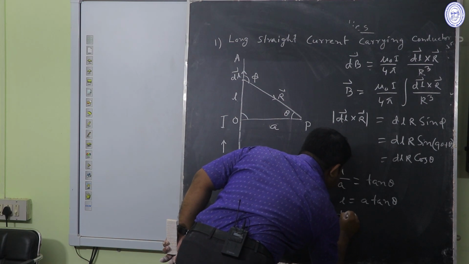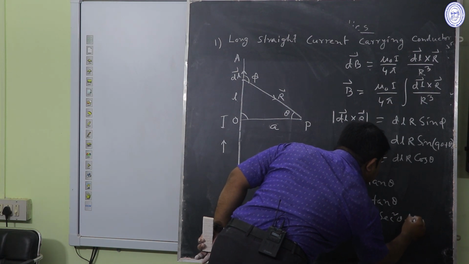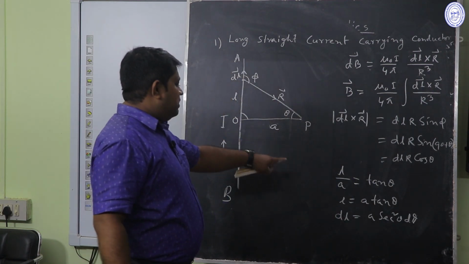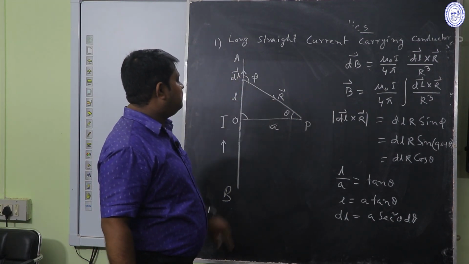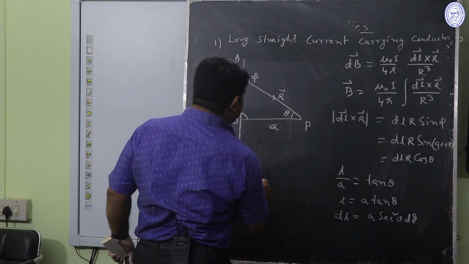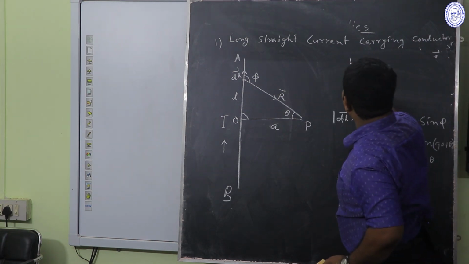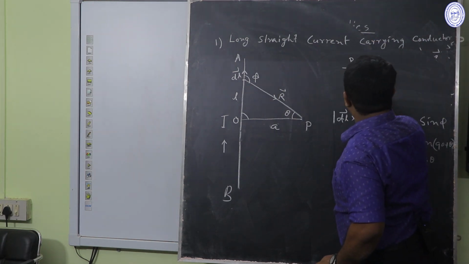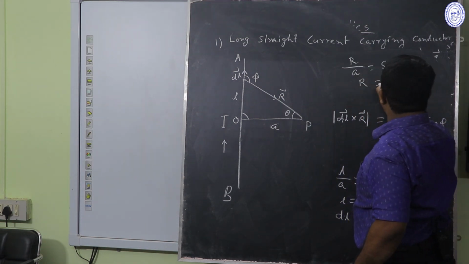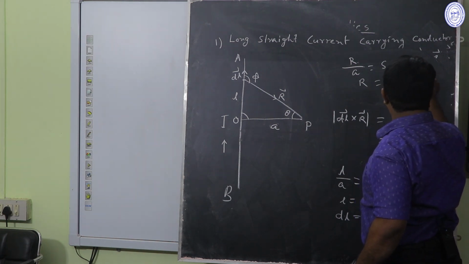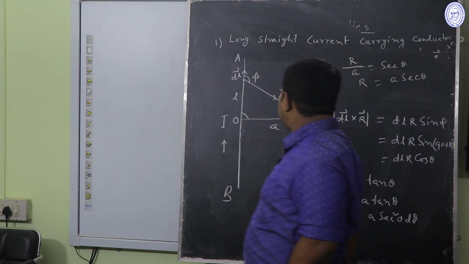So dl is equal to A sec square theta d theta, and R by A is equal to sec theta, or R is equal to A sec theta. So replacing these quantities, we get the magnetic field.